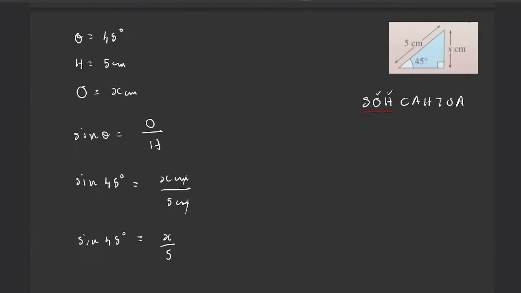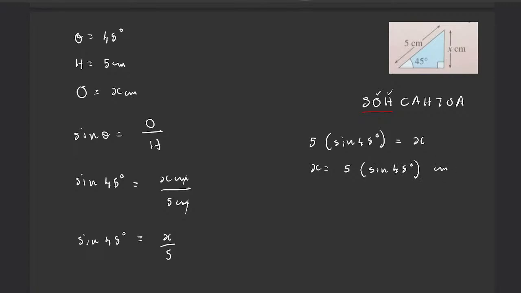So we need to get rid of this 5 in our denominator and put it over the equal sign, which means it becomes a product. So we have 5 times sine 45 degrees is equal to x. I can rewrite my equation: x is equal to 5 times sine 45 degrees. Of course, that is equal to cm when we get our final answer, right?